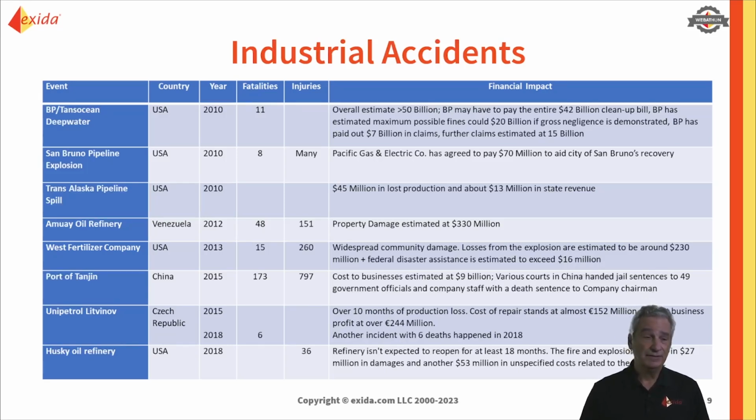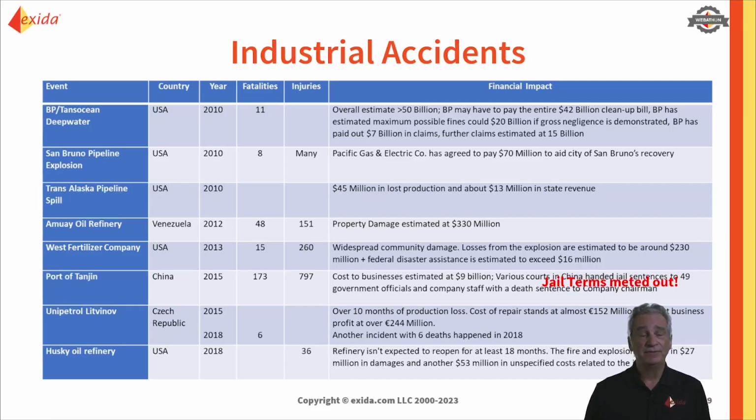You can go down the list and see that a lot of this is avoidable, especially when it comes to the Chinese incident. Here they actually had jail terms, but worst case, the chairman actually received a death sentence. Now whether it was carried out or not, I don't know, but they received a death sentence in the extreme.